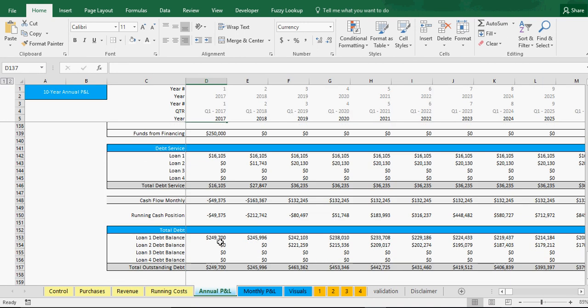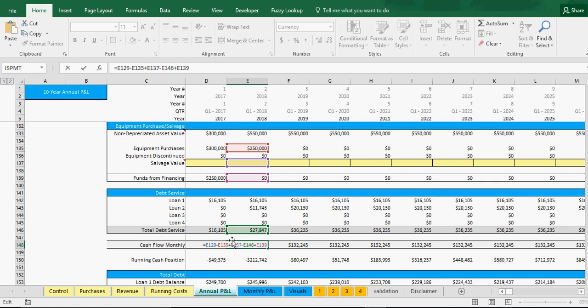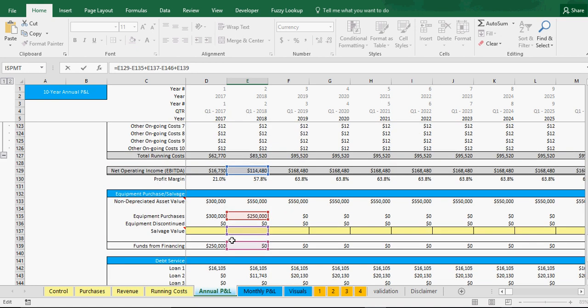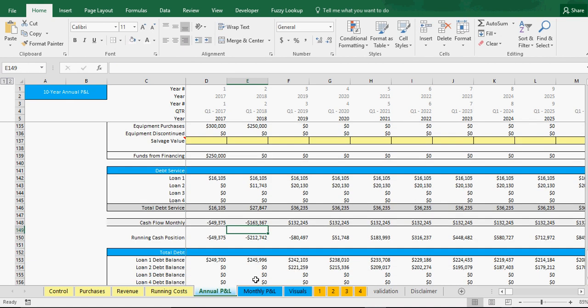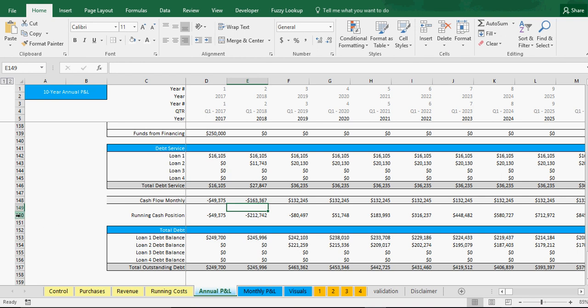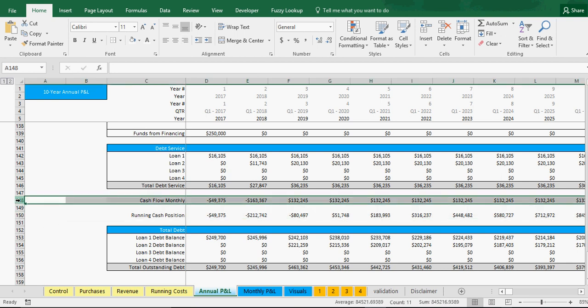What do we got here? Net operating income 114. Just looking at 2018. Let's check this. I actually didn't run this check yet. Running cash position, or running cash. 8452.